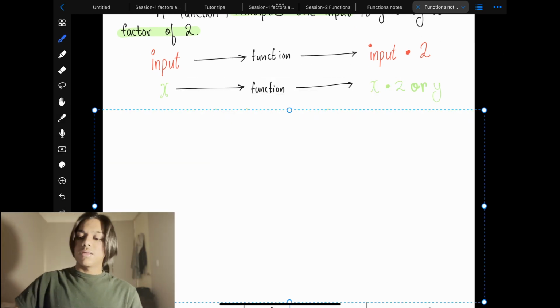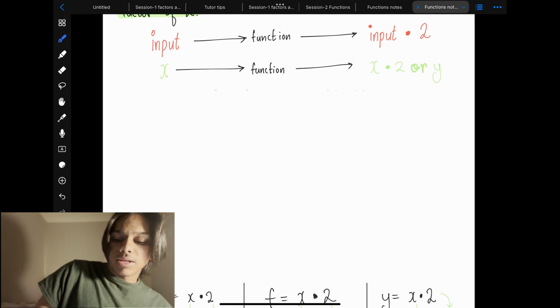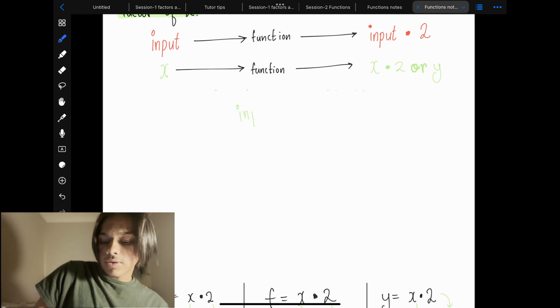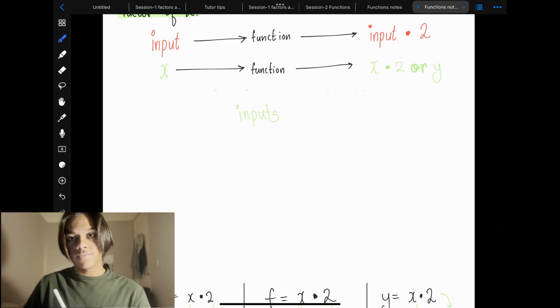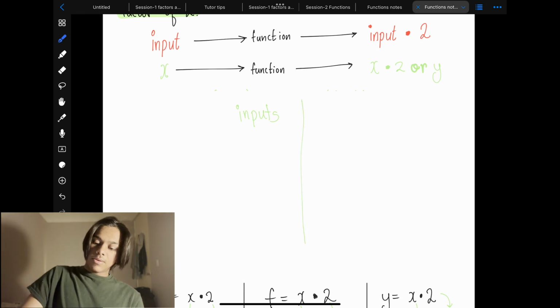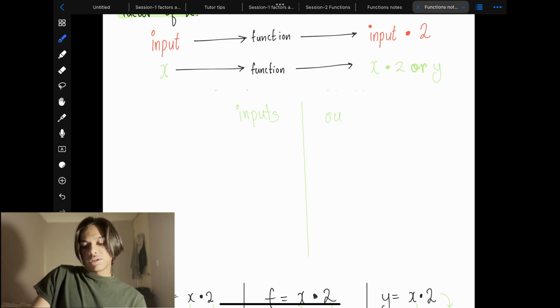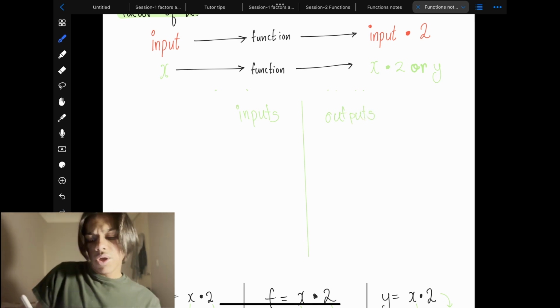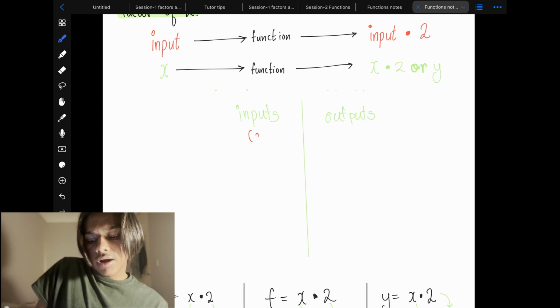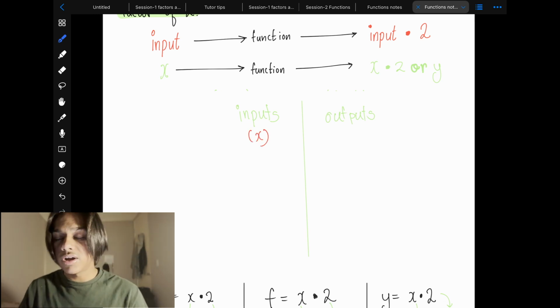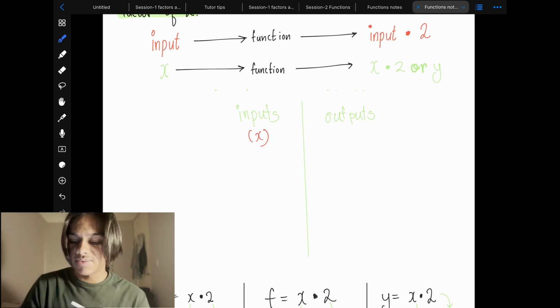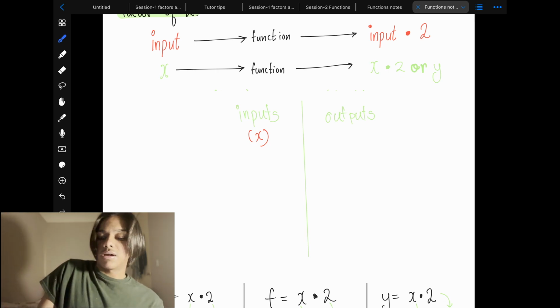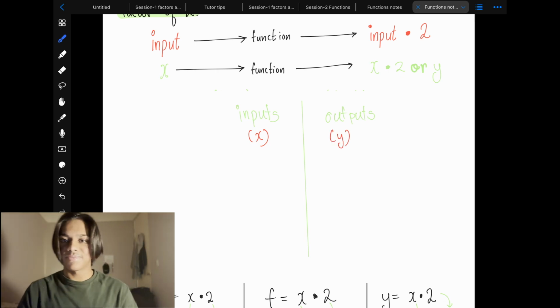Let's say we write all our inputs on one side of the table and we write all of our outputs on the other side of the table. Now, I don't have to remind you, you know that inputs are generally represented by x, and outputs are our y's.